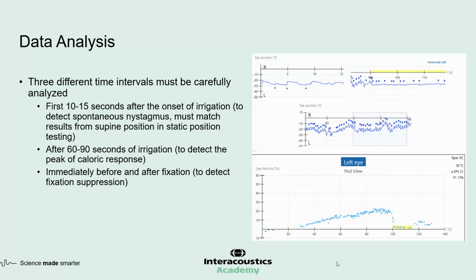So you need to make sure that the area is correctly identified by the computer algorithm. And then shortly before or shortly after the fixation, you need to determine the intensity of the nystagmus. That tells you whether the patient is suppressing the nystagmus appropriately or not.